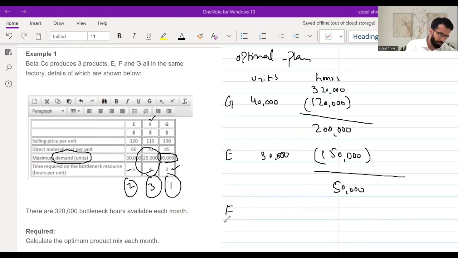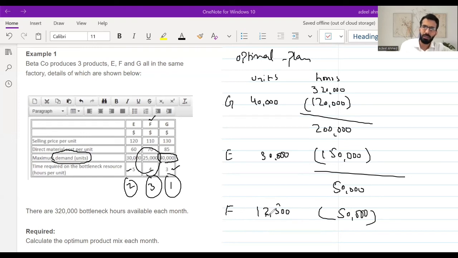So let's see how much of the maximum units we could possibly produce for our product F. We have a total of 50,000 hours available. Each unit would take 4 hours. It means that we can maximum produce a total of 12,500 units, which would fully utilize the available time. And this is what we will end up achieving.